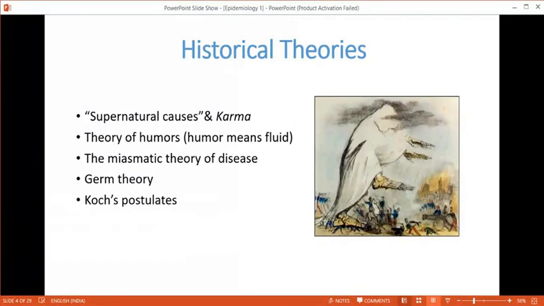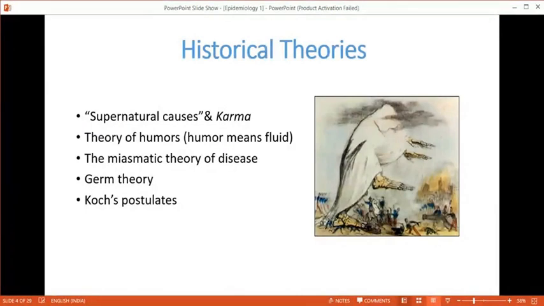And it was very late, till around the 18th century, that they found out, no, it's not all these things. It is some infection. It is some organism which is causing all these diseases, and from there only it keeps transmitting. And then came the Koch's postulates, where they found out how we can say that because of the infection only, in the organism only, you got the disease.